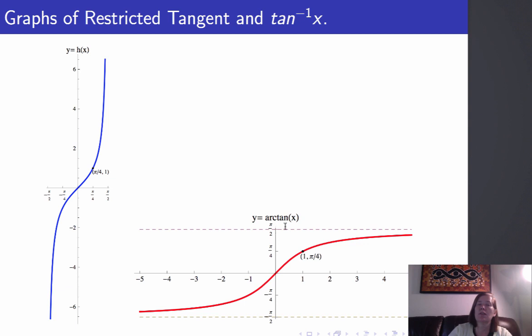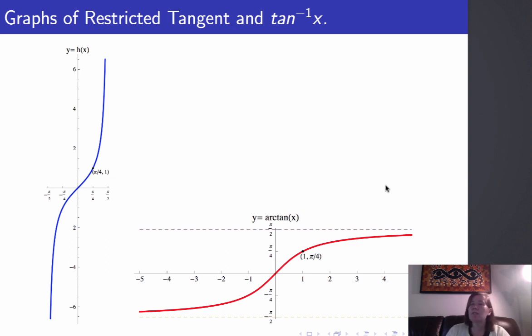We see that the range and the domain get switched, so the range of our tangent is that restricted domain from minus pi over 2 to pi over 2 of the restricted tangent function, and the domain of the arctangent function is the range of the restricted tangent function, which is everything from minus infinity to infinity.